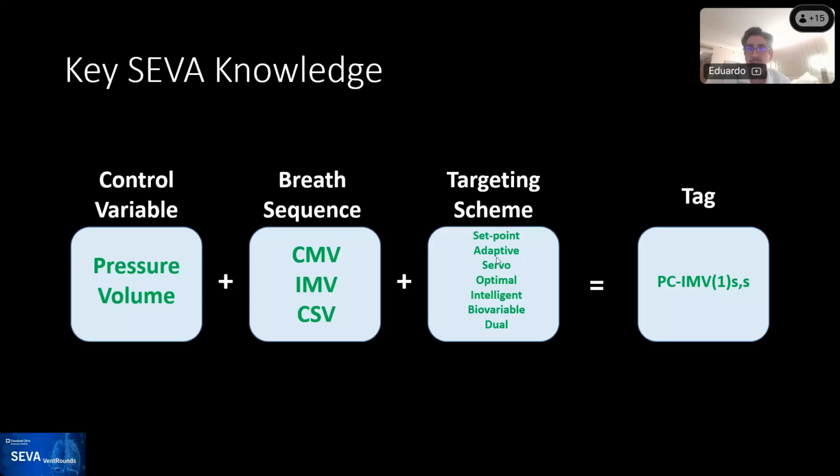There are 7 targeting schemes that have been described, and many of them fall within one of these 7 categories. And then if we join those 3, you get the famous tag, which is the generic name for all modes of mechanical ventilation. Rob? It's good. Good summary. All righty.